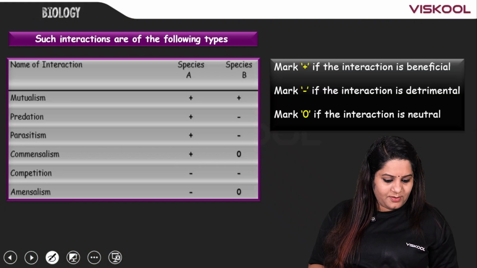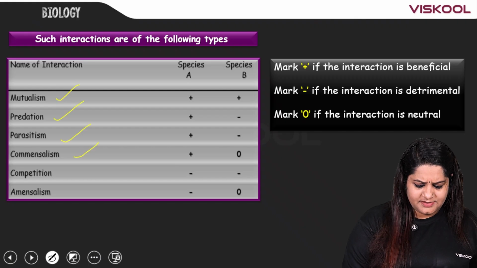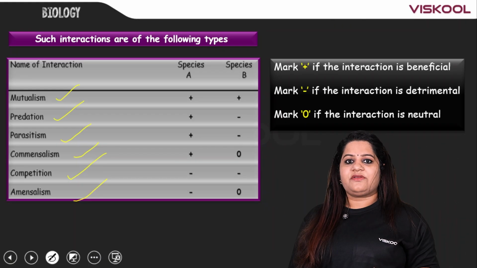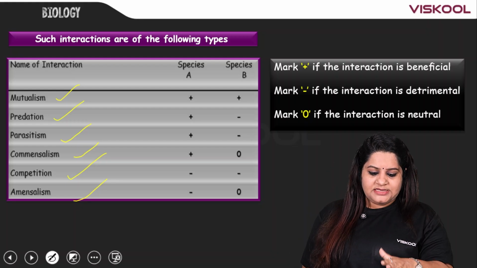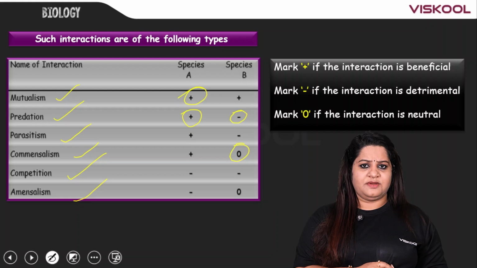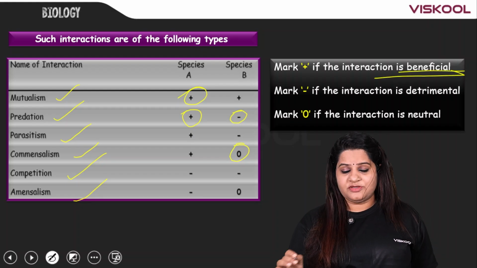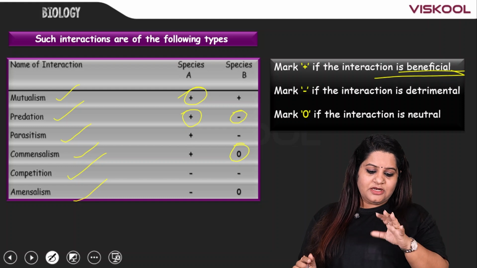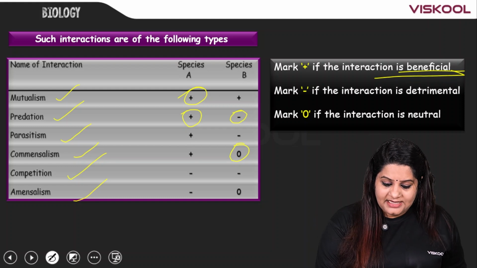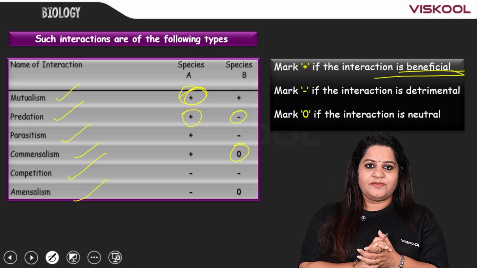You all know the names now: mutualism, predation, parasitism, commensalism, competition, amensalism. Here comes positive interaction and negative interaction. I have given a positive symbol, a negative symbol and a zero symbol. Positive means that organism, suppose species A, is benefited.